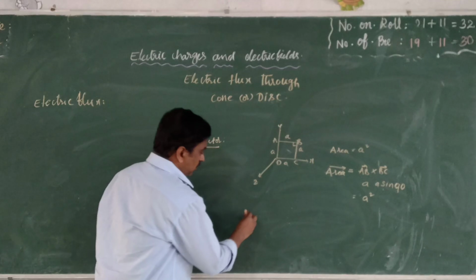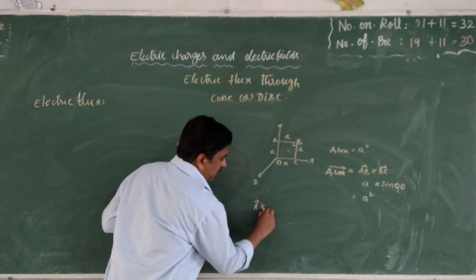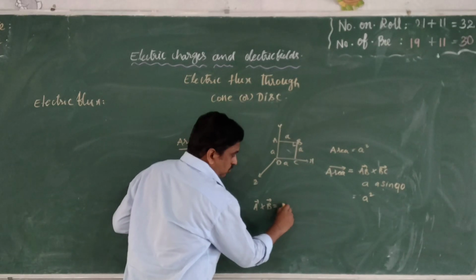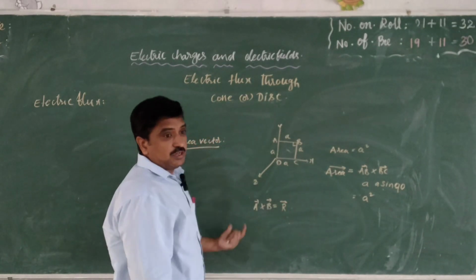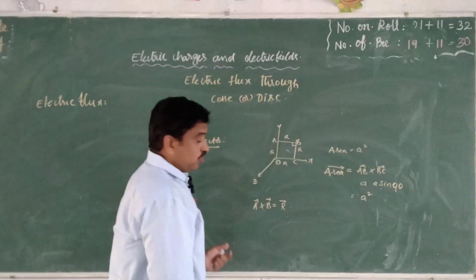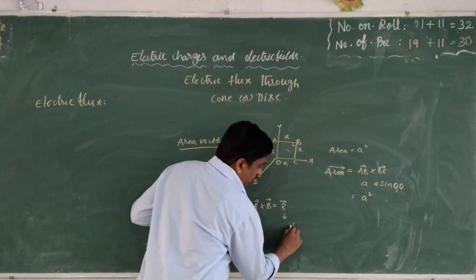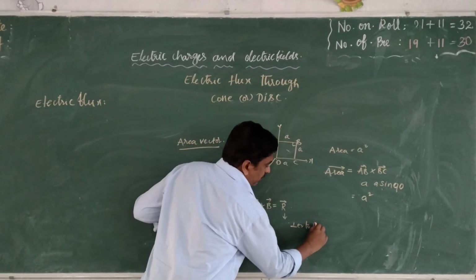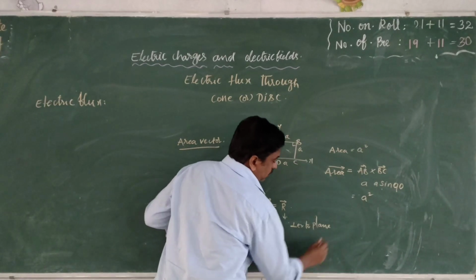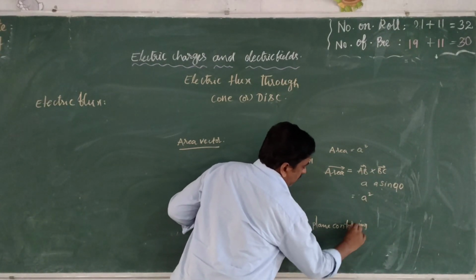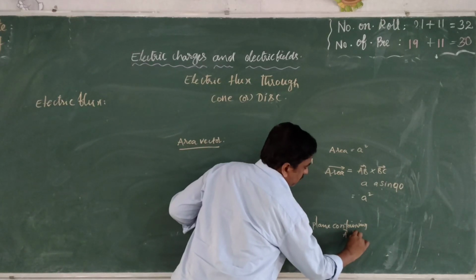Before that, consider the cross product of two vectors, A cross B, A vector and B vector. The resultant of the cross product is also a vector. This resultant vector is always perpendicular to the plane containing the A vector and B vector.